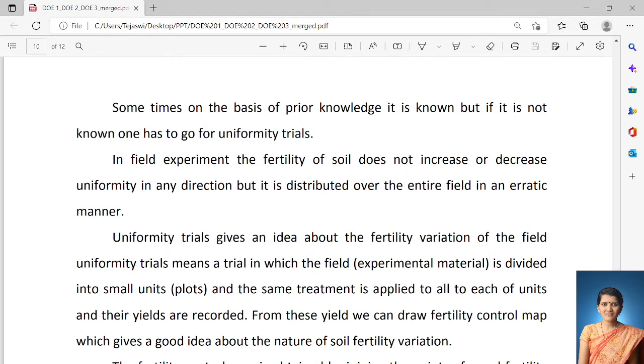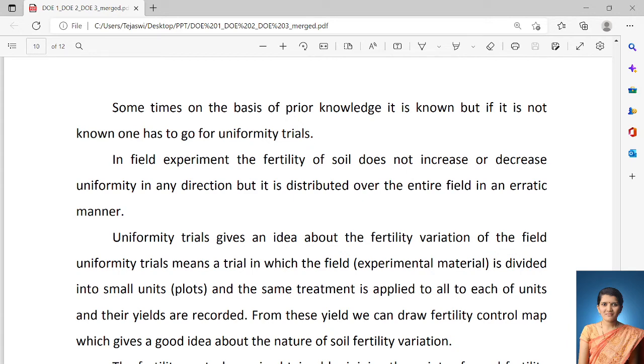Uniformity trials means trials in which the field, that is the experimental material, is divided into small units or plots, and the same treatment is applied to each unit and their yields are recorded.